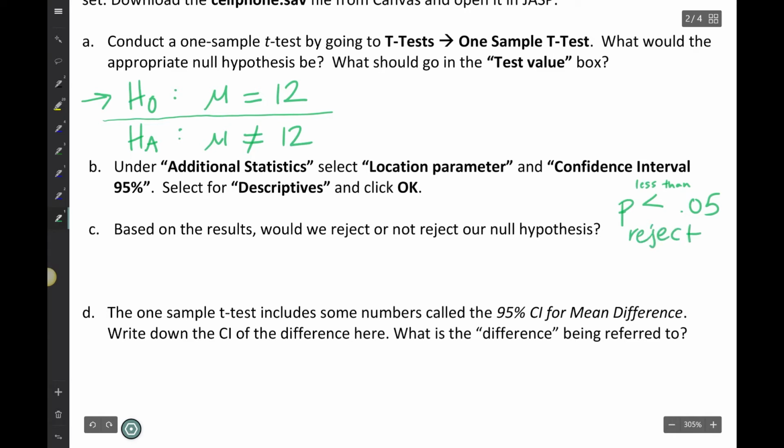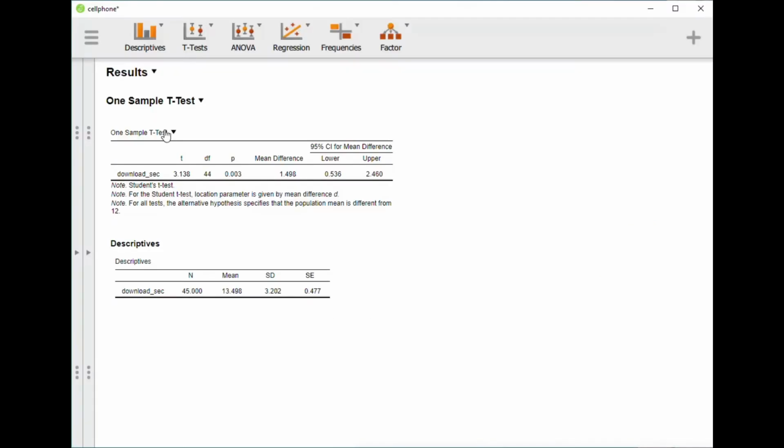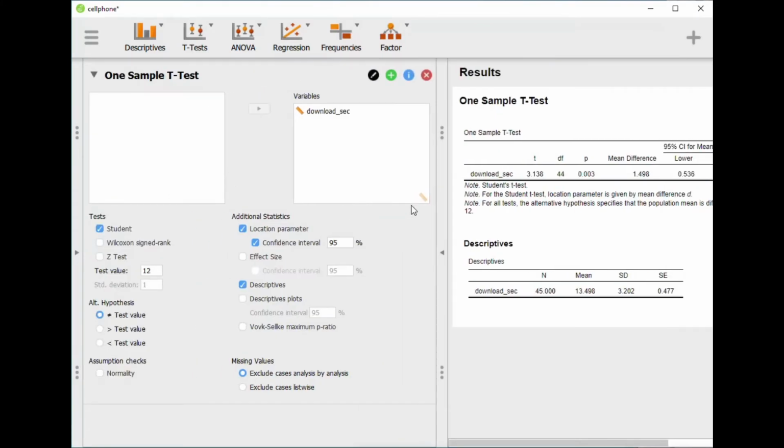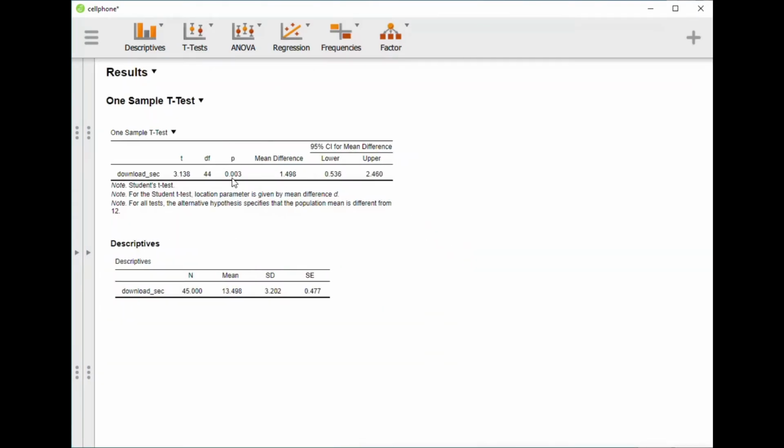If p is not less than 0.05, so if it's equal to or bigger than 0.05, then we do not reject. So looking back at our result here, we see our p-value is 0.003. So I'm just going to write that down.